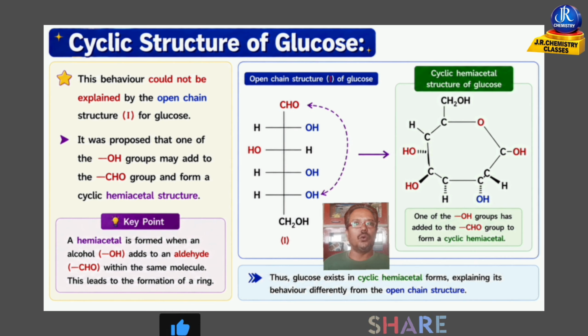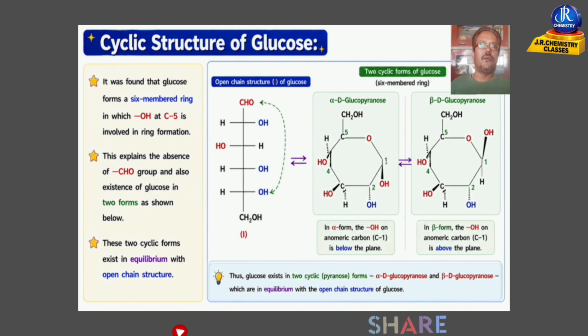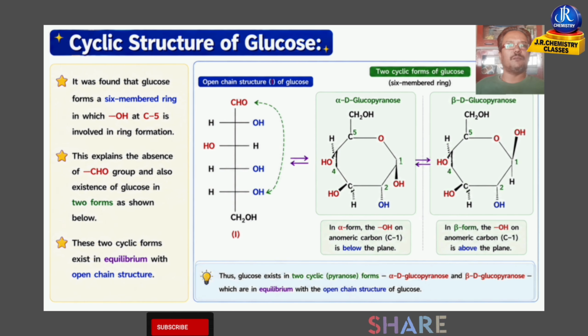Hence, for glucose, it was proposed that one of the —OH groups may add to the —CHO group and form a cyclic hemiacetal structure. It was found that glucose forms a six-membered ring in which —OH at C5 is involved in ring formation.